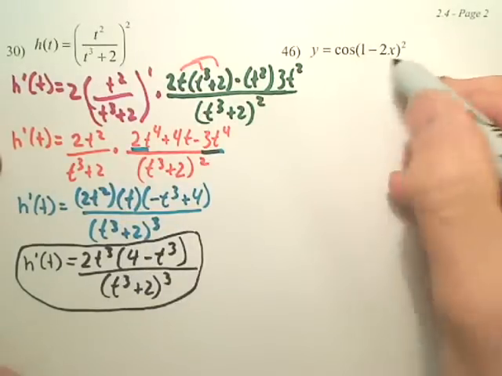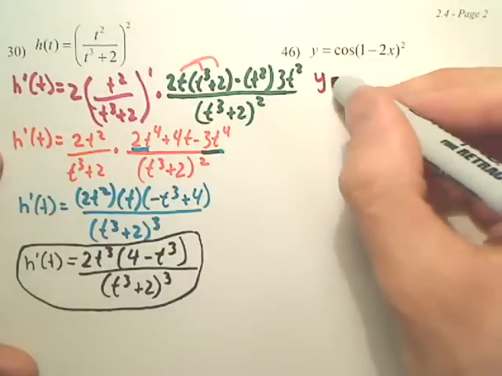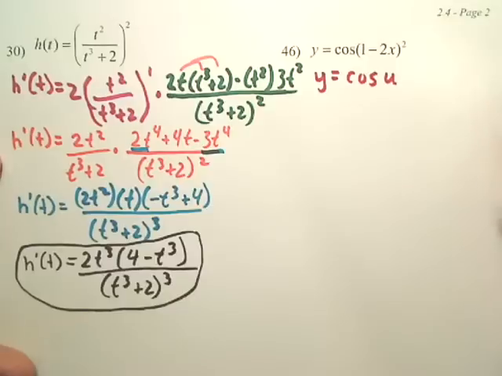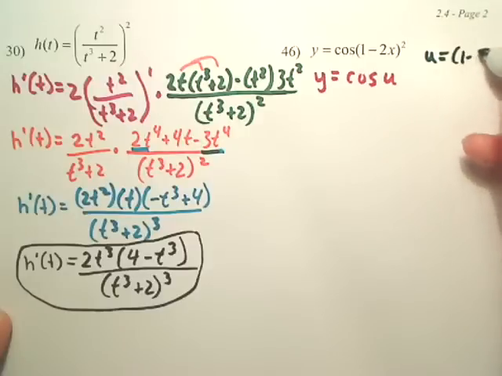Okay. Number 46. Let's just do it with u's. You understand this is y equals cosine u. And hopefully you understand that u equals 1 minus 2x squared.